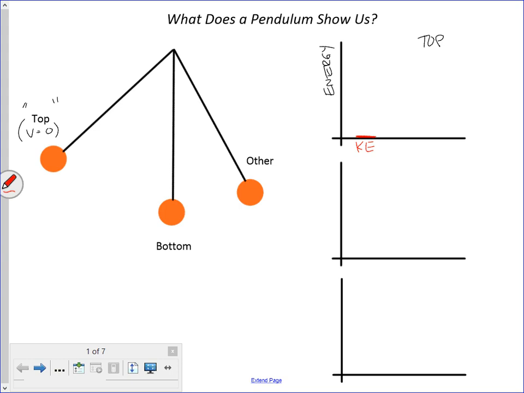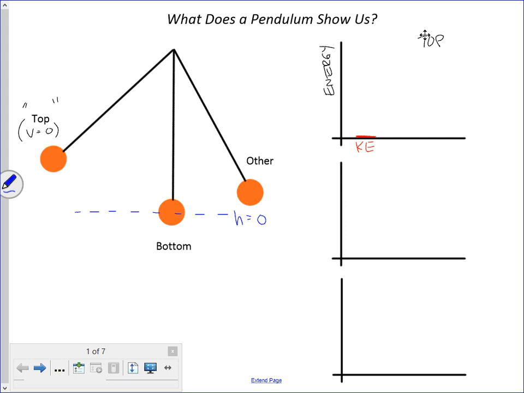However, at this place, regardless of where we call height zero, and in most cases, it's the most convenient to call height zero the bottom of the pendulum swing. So let's just go ahead and do that. Let's define this as height zero, and that's a big deal in this part of the unit. You can decide where you want to call height zero. It will never make a difference in your answers.